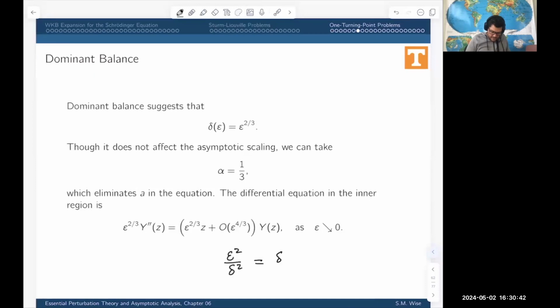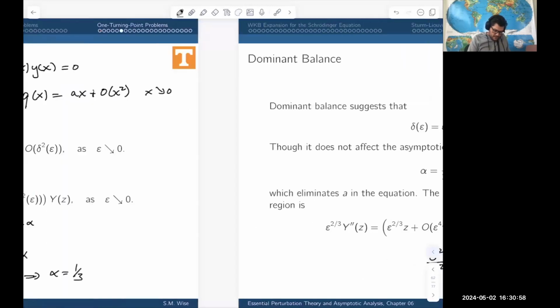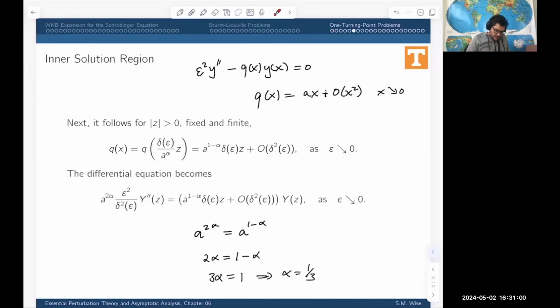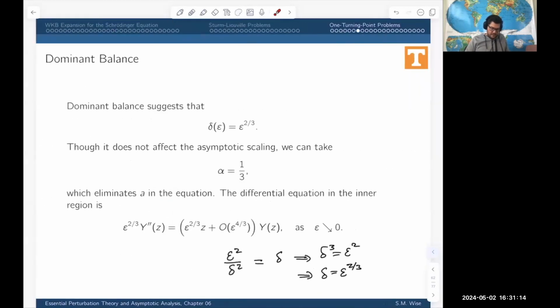So that gives us delta cubed is equal to epsilon squared, or delta is equal to epsilon to the 2/3 power. Yes, it works out perfectly, because now this will give us an epsilon to the 2/3, this is going to be epsilon to the 2/3, and this has to be epsilon to the 4/3. So it all checks out.